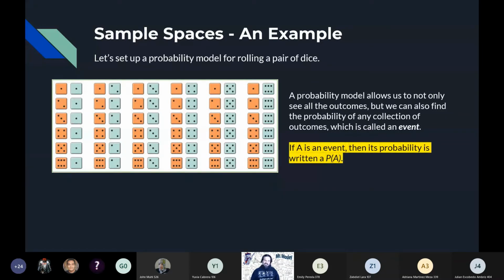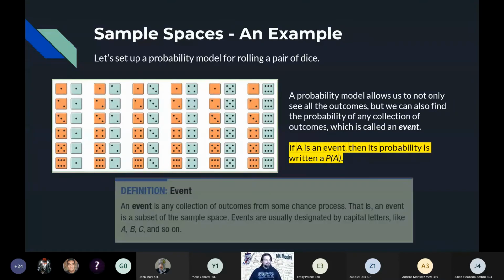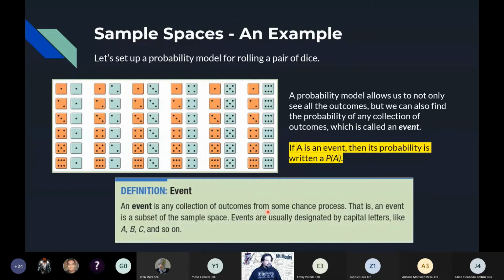Right. If A is an event, then its probability is written as P parentheses A, probability of A. And the book defines an event. An event is any collection of outcomes from some chance process. That is, an event is a subset of the sample space.